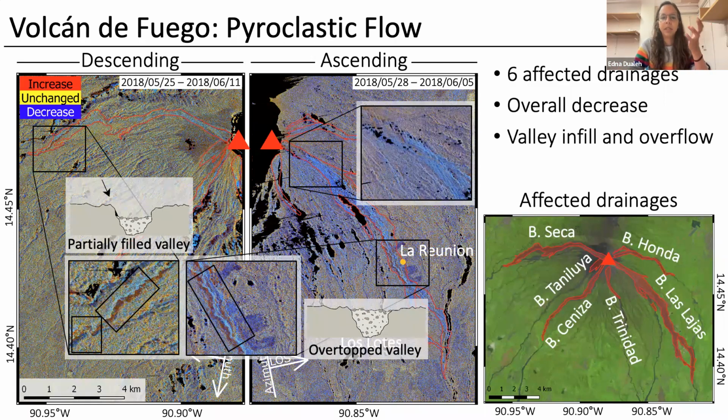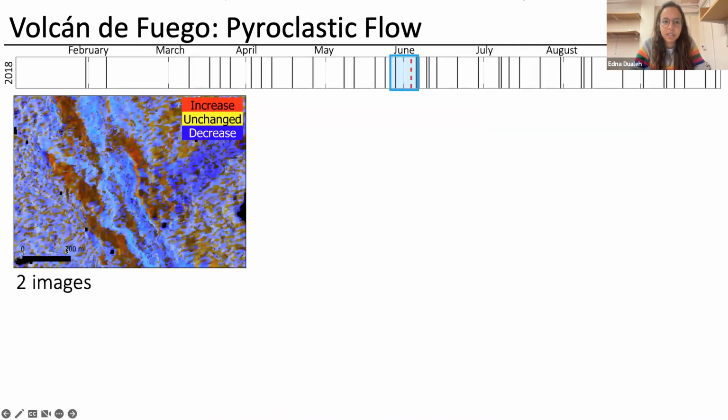So it is quite important to have an understanding of the pre-eruption land coverage to be able to interpret what these signals actually mean. If we zoom into one of these areas here, it looks something like this, and you can see it's actually quite difficult to see where the edge of this flow is.